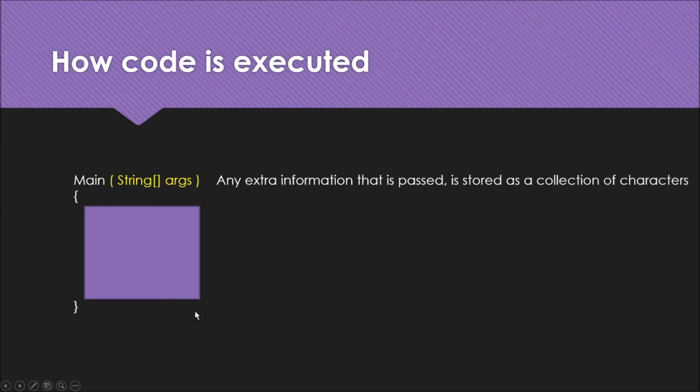And then any extra information that you are giving to the program is passed over here. Whenever you write the name of the function, you write these parentheses. So in these parentheses, whatever you write goes inside. In that case, I had written myprogram Umer, so Umer had gone inside these parentheses.